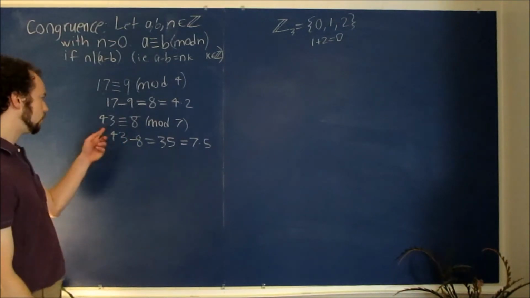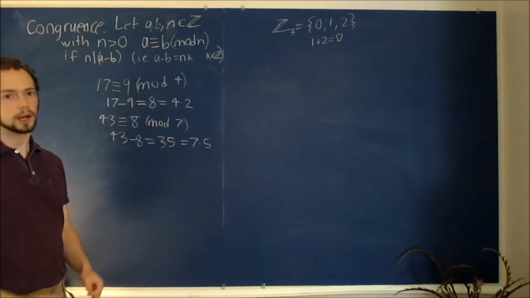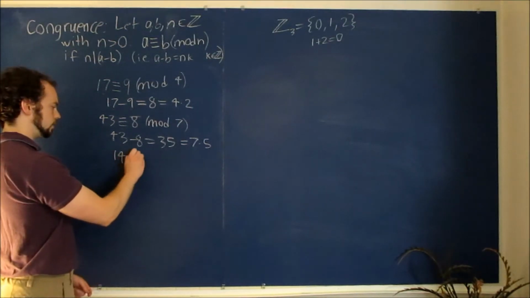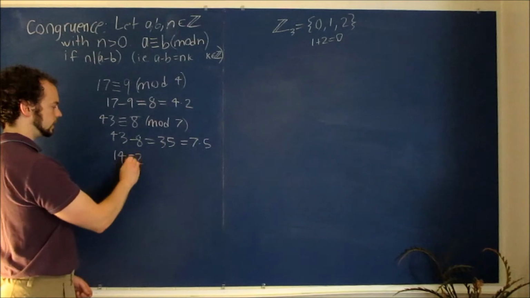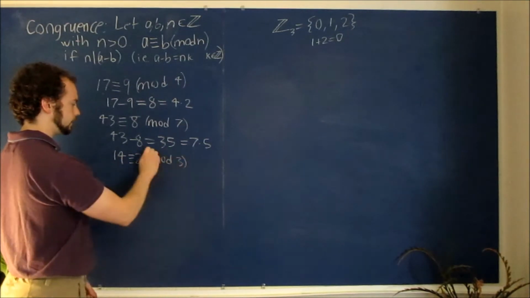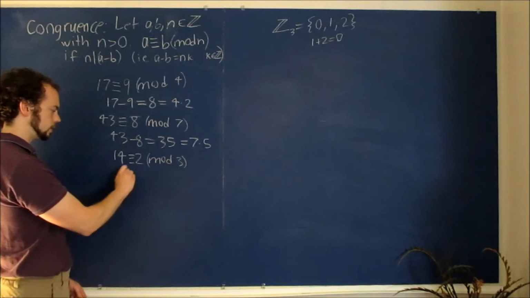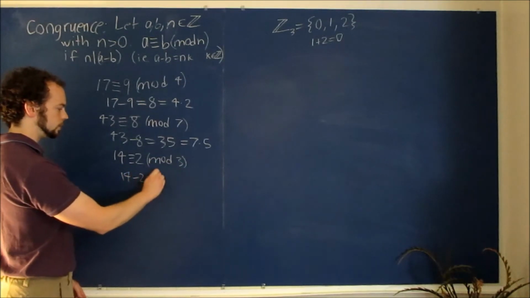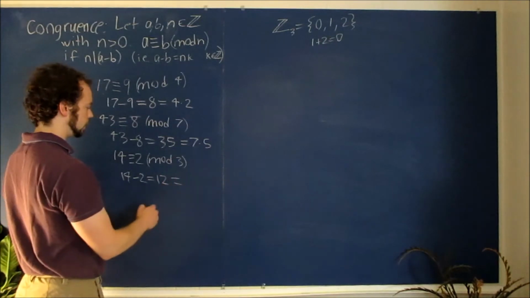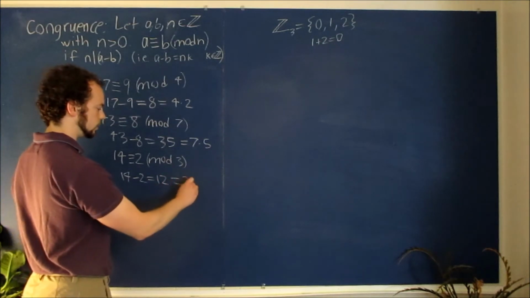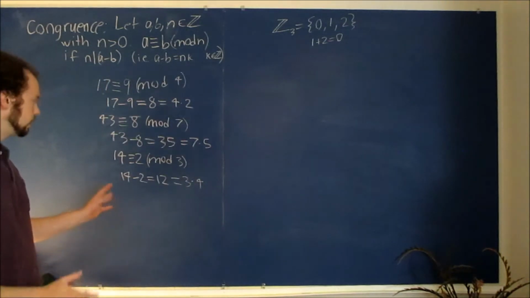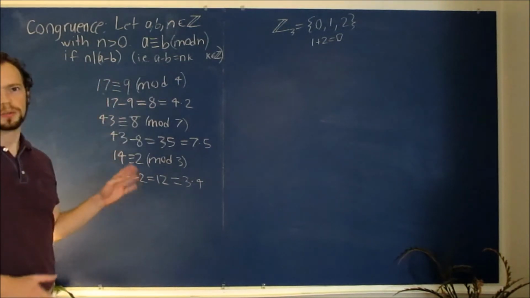Therefore, 43 is congruent to 8 mod 7. As a third example, 14 is congruent to 2 modulo 3, because 14 minus 2 equals 12, which is equal to 3 times 4. So that's what the definition means.